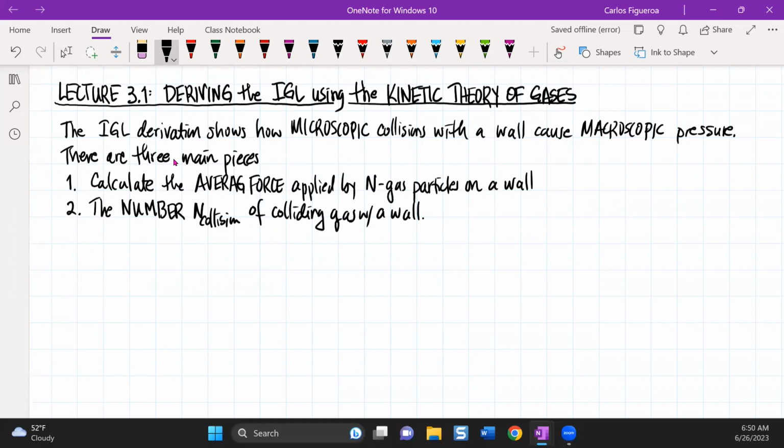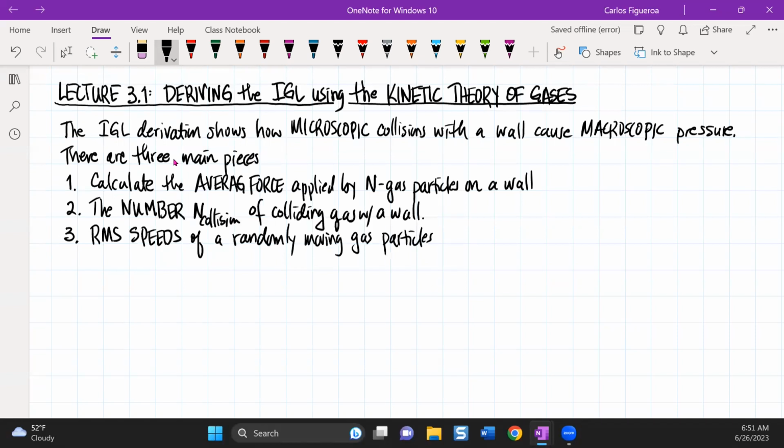And then three, we finally start talking about the RMS speeds of randomly moving gas particles.